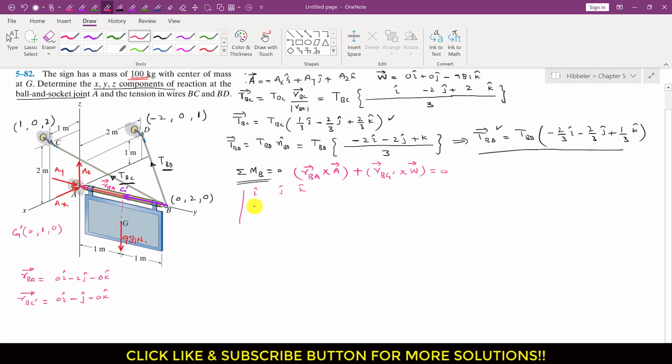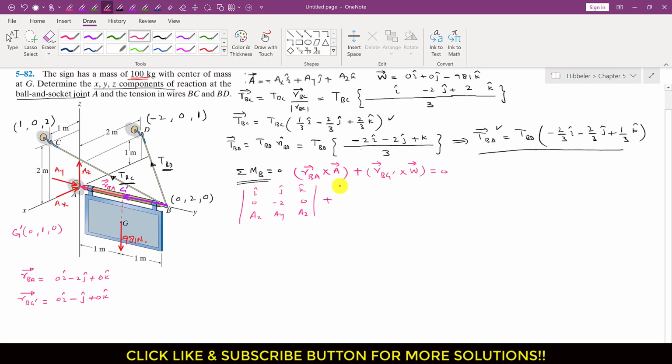So RBA is 0, minus 2, and 0. You can write this as plus, there is no need to write minus. So this is 0, minus 2, 0, and then AX, AY, and AZ.